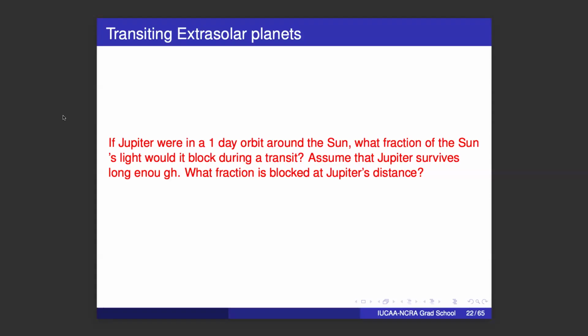It won't change, because the relative distance to Jupiter at 5 AU and the sun, which is whatever distance d plus 5 AU, that change is so small that it doesn't matter whether it's at 1-day orbit, 12-year orbit, 7 years. The only reason we chose a 1-day orbit is because you'll be able to observe many transits. If you're in a 12-year orbit, you'll get one transit every 12 years. So at Jupiter's distance, again 1% will be blocked.